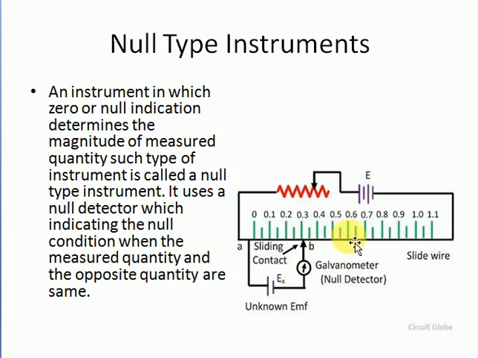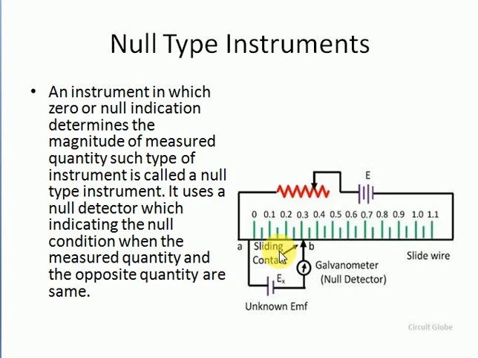Here is the basic figure of the null type instrument. So finally, in a null type instrument, the method of comparison between the measurand and the standard results in obtaining a null or 0 indication, which determines the magnitude of the measurement.